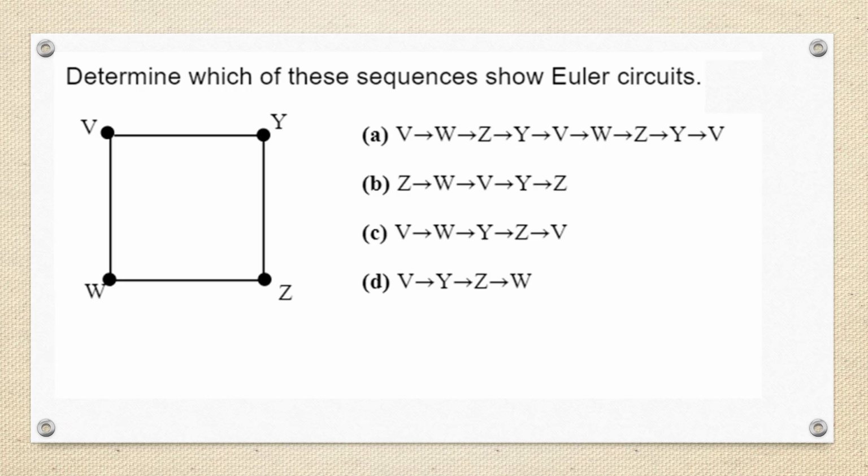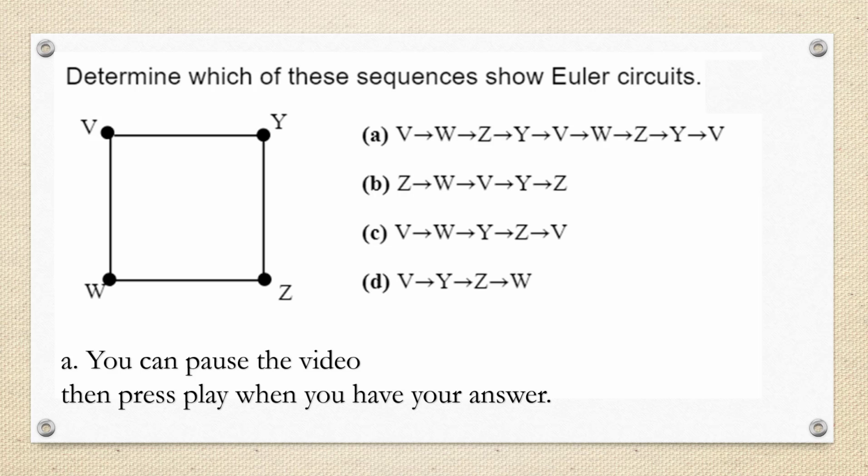Now you try. We're going to determine which of these sequences show Euler circuits. If you want, you can pause the video and work on part A, and then press play when you think you have the answer. So for part A, we're going from V to W, then W to Z, then Z to Y, then Y to V, and then it appears we're starting over again.